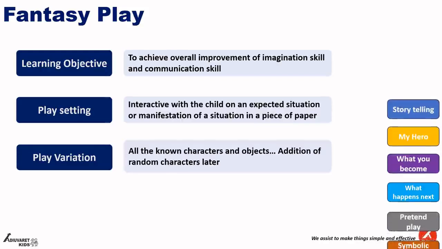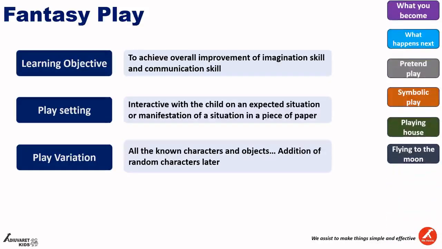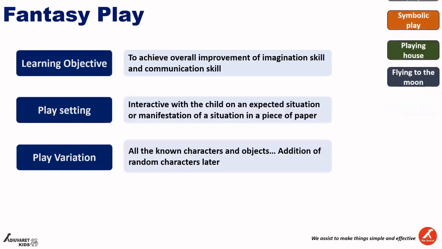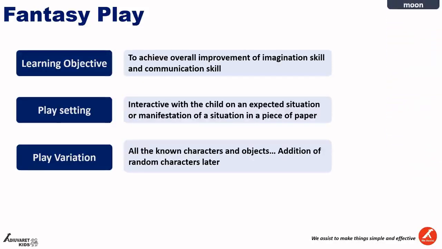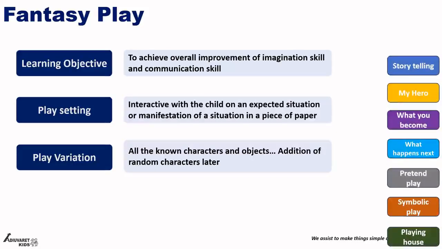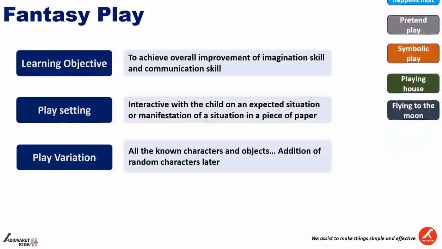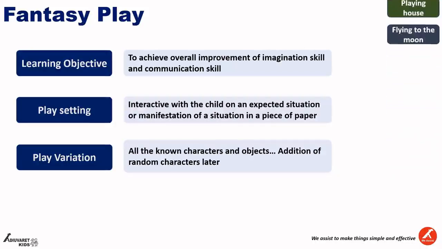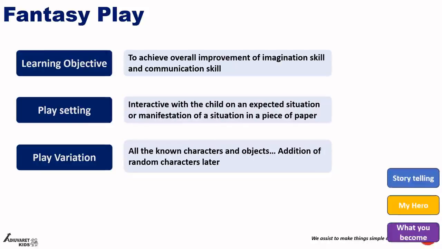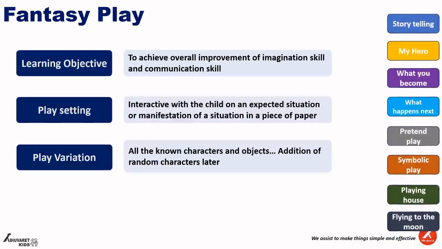Then for play variation, we start with all known characters or objects, either cartoon characters or any object the child is quite comfortable with, as a part of the imaginative or fantasy play. Later, once the child becomes comfortable with such known characters, we can build some unknown and random characters which the child may not be aware of.